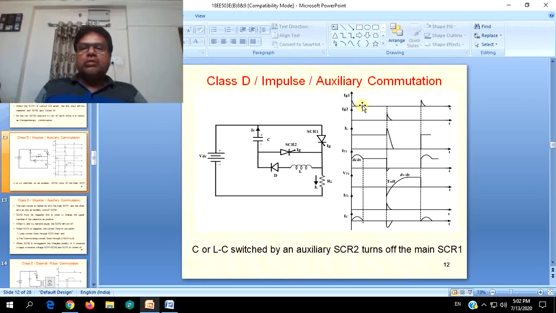Now when you trigger the main SCR by giving a triggering pulse to the gate, the main SCR turns on, then current will have two paths.